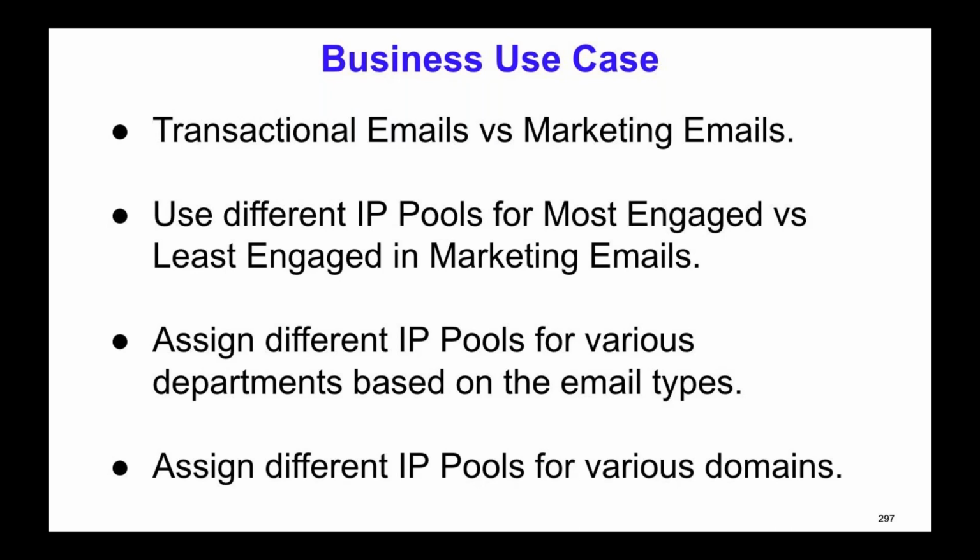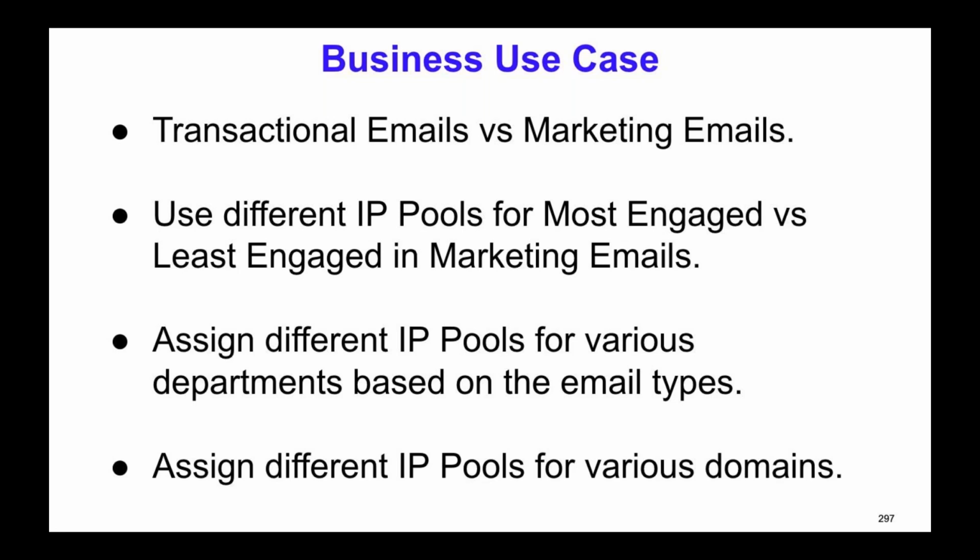Perhaps you may be using a subdomain for each one of these email types, and you can assign an IP pool for transactional email which is different from the marketing email. That way, there's no conflict with the email reputation. You're keeping the email reputation separate for each of these use case scenarios. So that's one business use case.